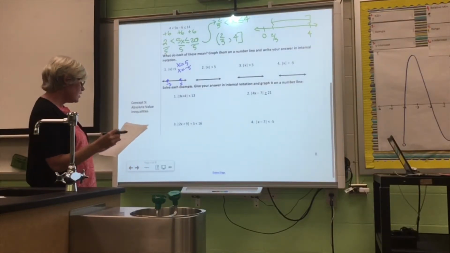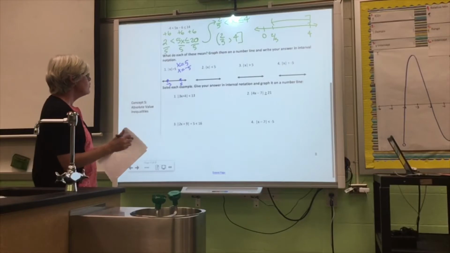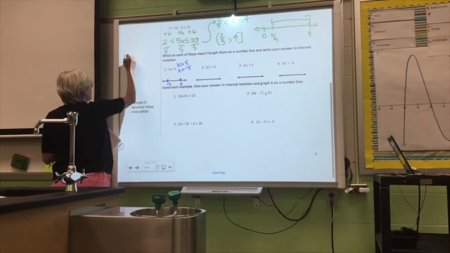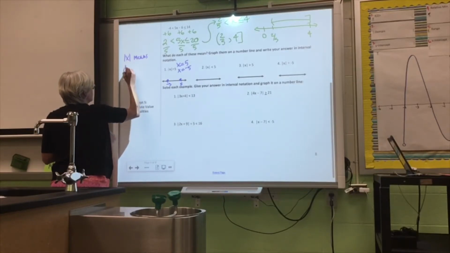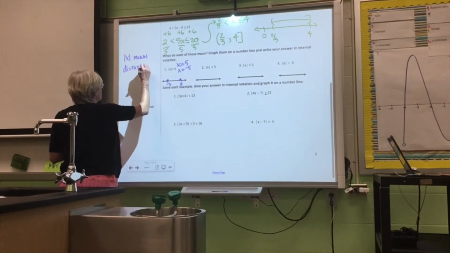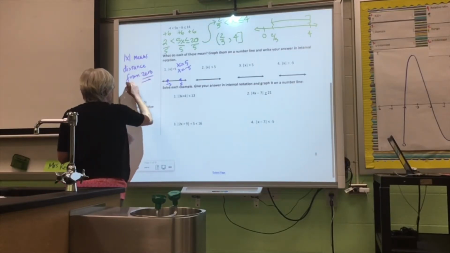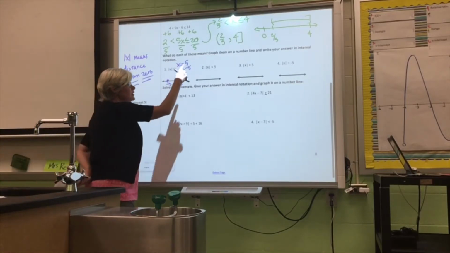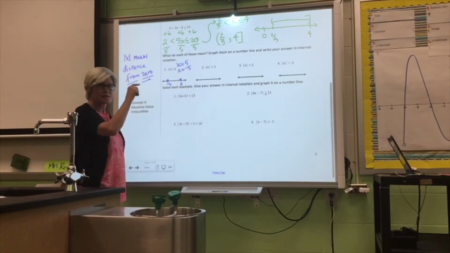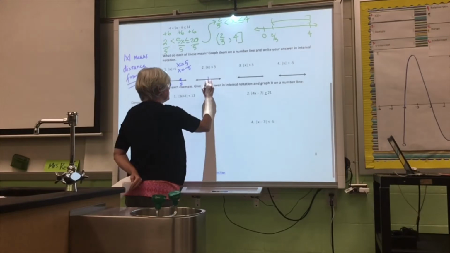The absolute value of x being less than 5, remember that the absolute value of x means distance from 0. That's important. This is saying the distance to 0 is less than 5.